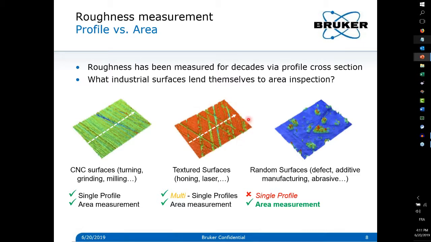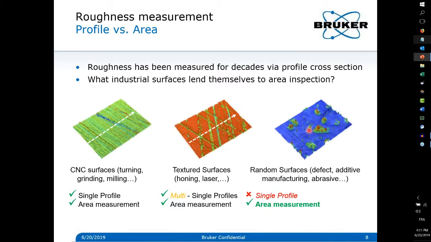So this is where the areal measurements will help and gain in terms of statistics, but also in terms of how representative the measurement is of what the surface truly is.